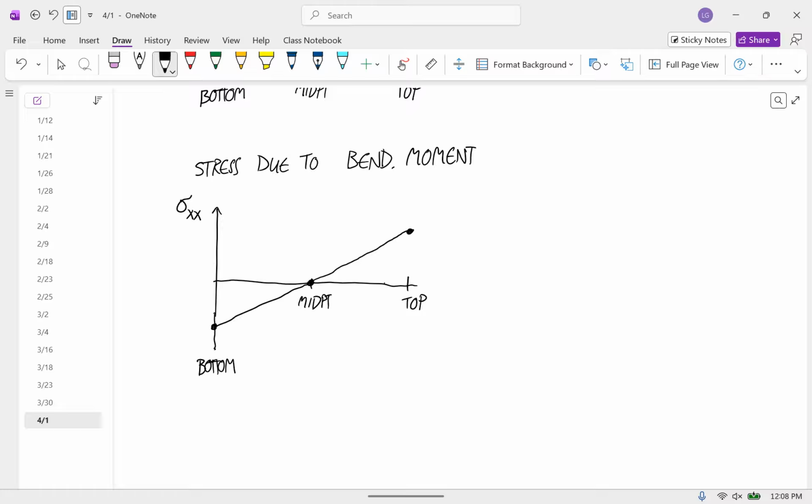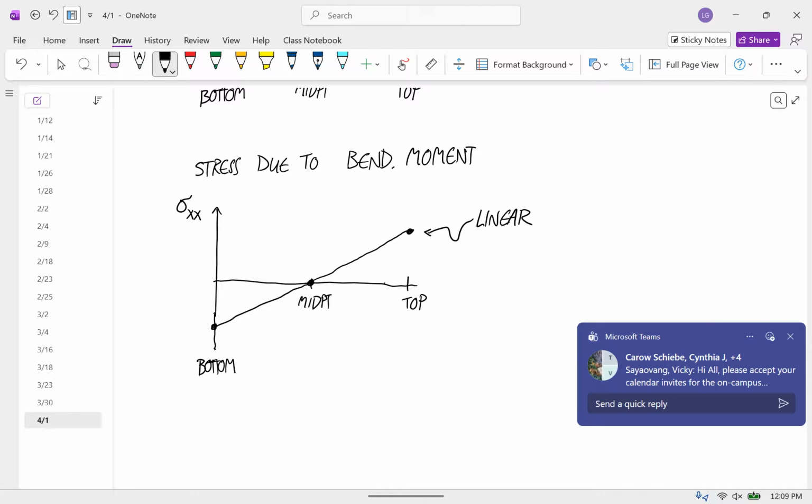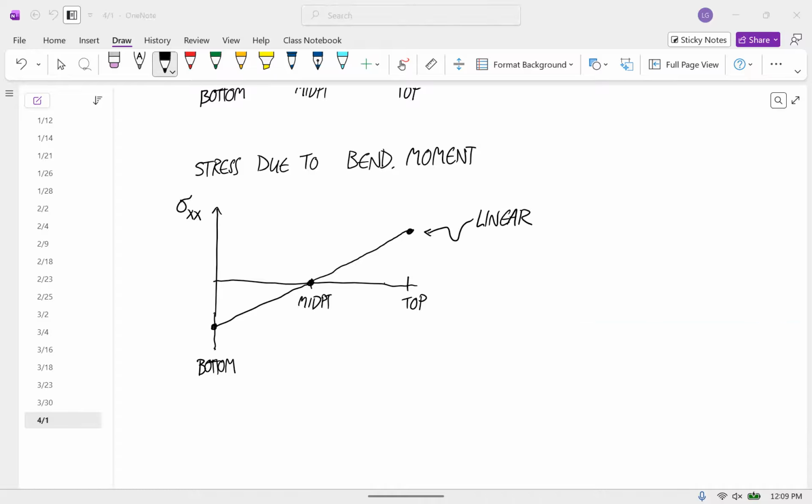And that's just a line. If your bending moment was negative, this would be opposite, and you would have tension near the bottom of the cross section and compression near the top.